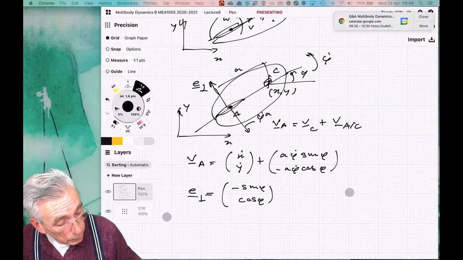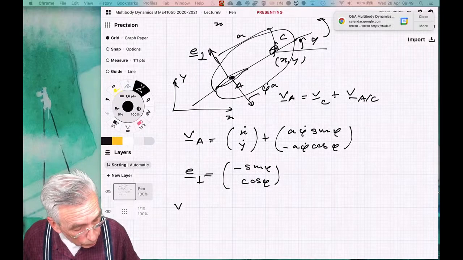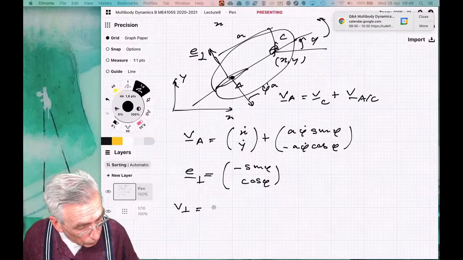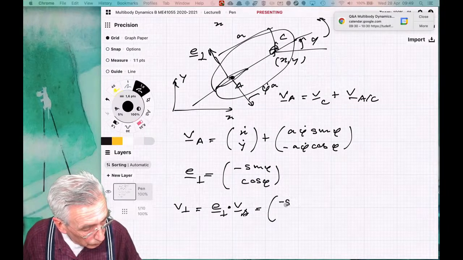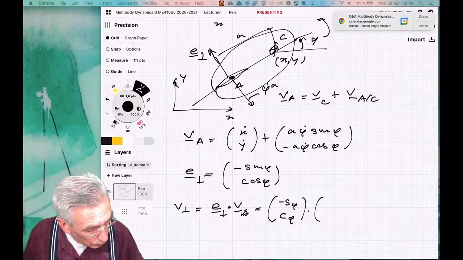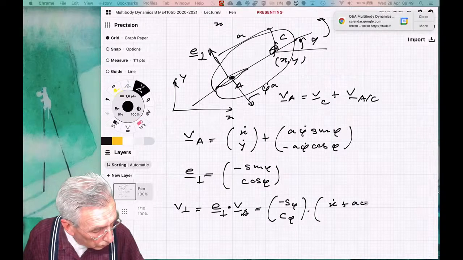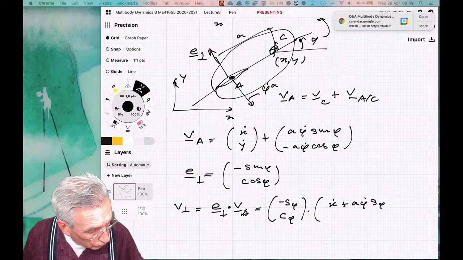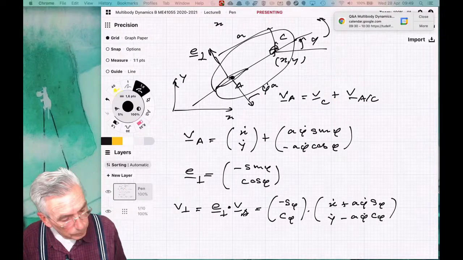And then our expression for V perpendicular is of course the E perpendicular dot product with this VA, or in other words minus sine phi, cosine phi times, and here I get x dot plus a phi dot sine phi, and here I get y dot minus a phi dot cosine phi.